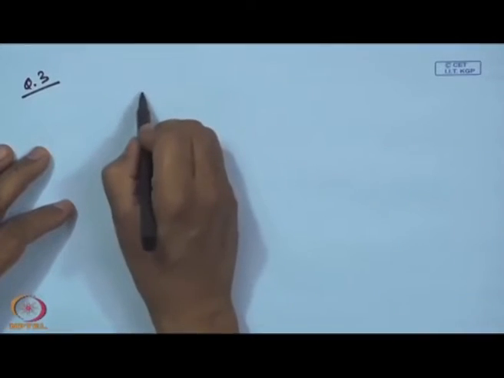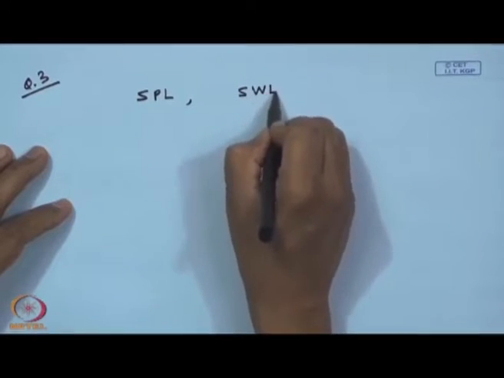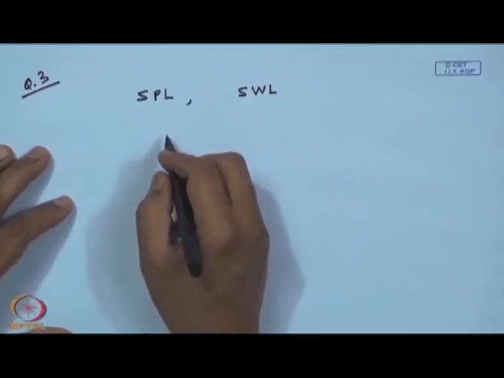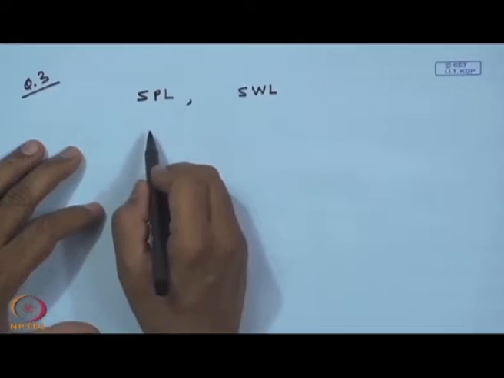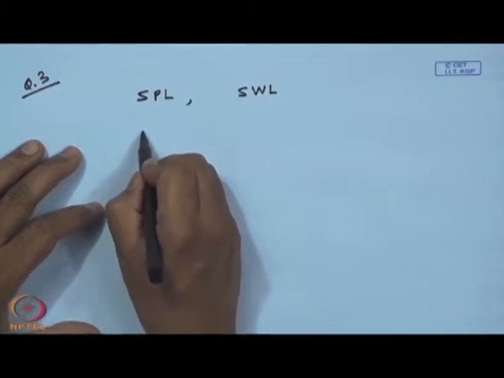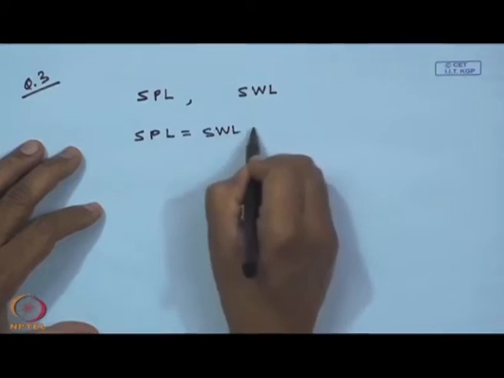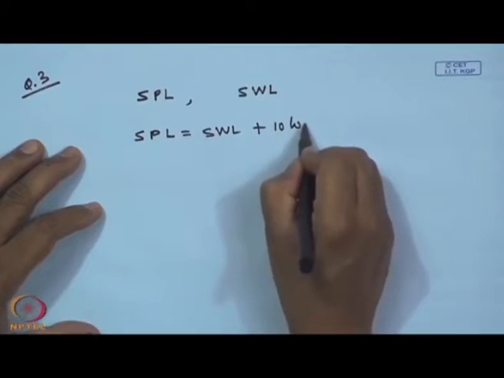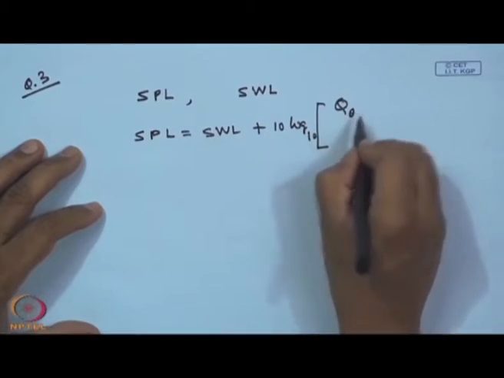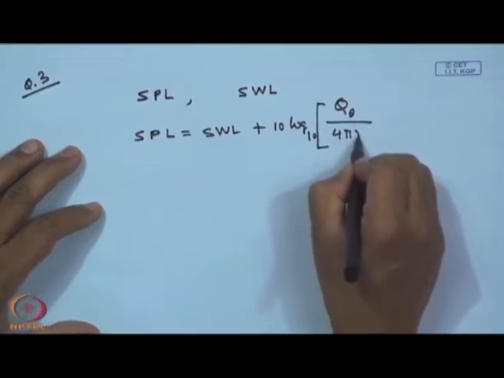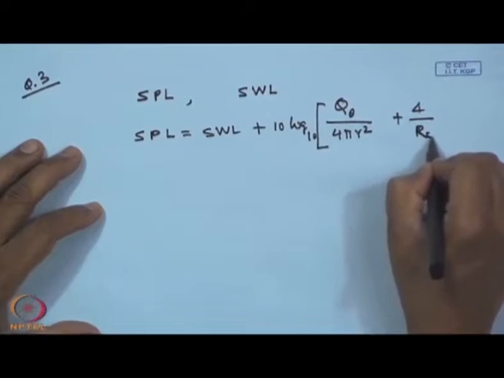Usually, sound pressure level is denoted by SPL and sound power level by SWL, and the general equation for the sound pressure level in relation with sound power level is given by this equation, that SPL is equal to SWL plus 10 logarithm to the base 10 of Q theta by 4 pi r square plus 4 by R c.